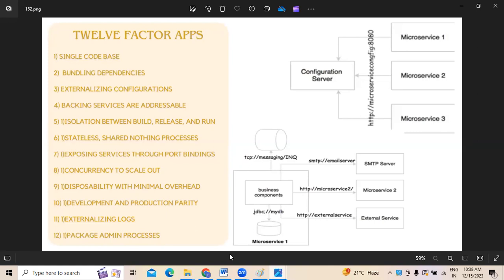So this is the third factor rule which we need to understand whenever we are working on the microservices part in reference to cloud transformations.